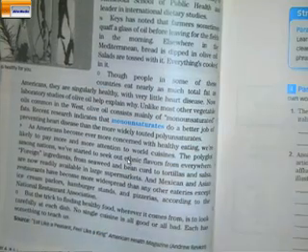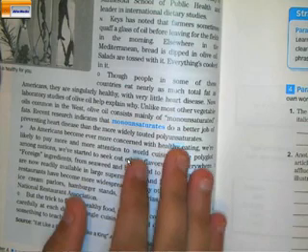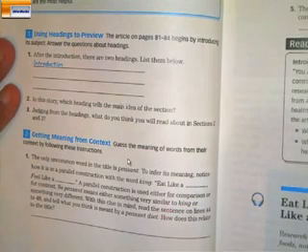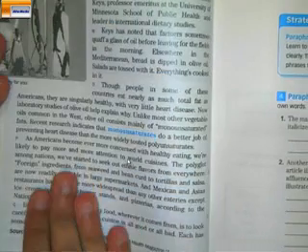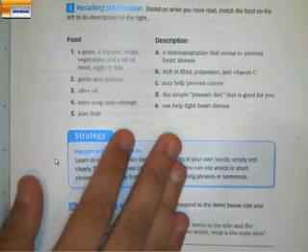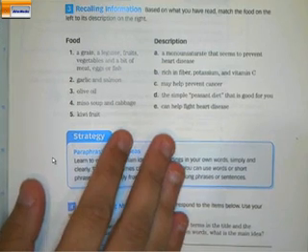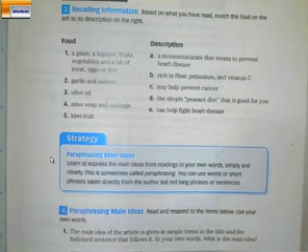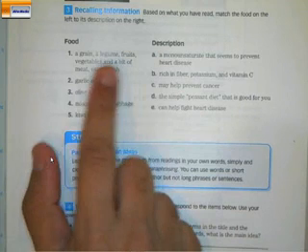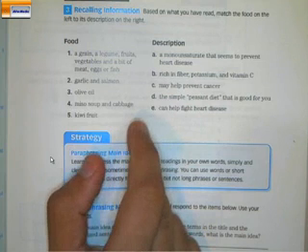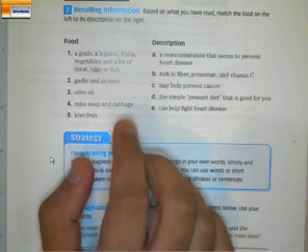Just before we finish this lesson, on page 85, I'm sorry I skipped this, here is a little exercise for you. After you read the passage, we want you to recall some information here, some food and its description. Also, in the discussion forum you can write the answer.